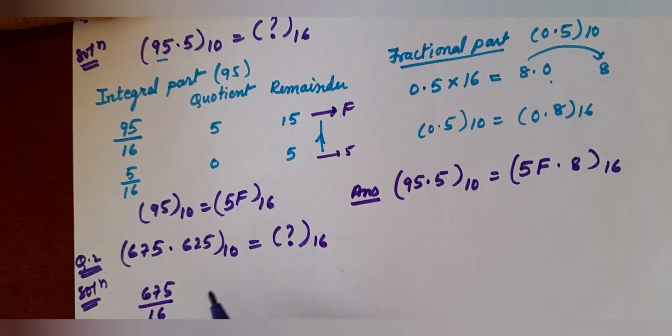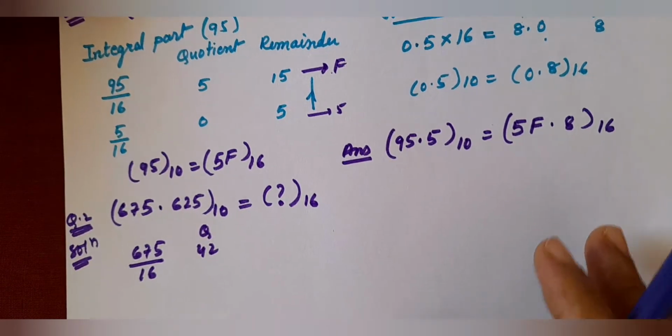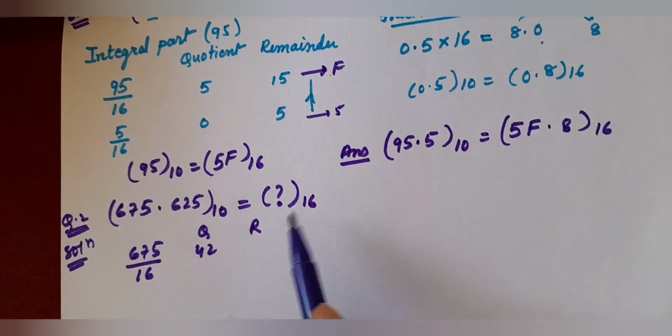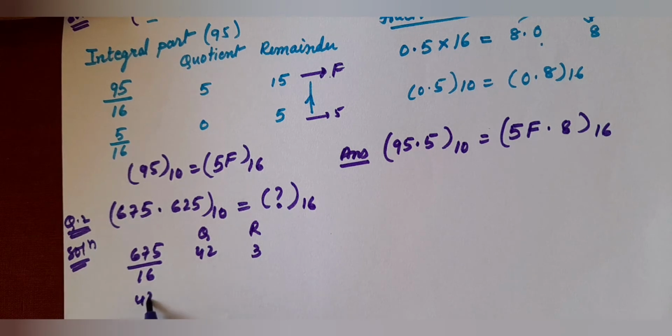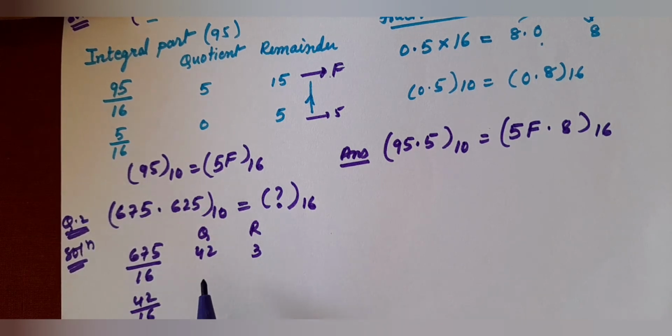What is the quotient coming? 42. Quotient is 42. What is the remainder? 3. Now, divide this 42 by 16. The quotient is 2, the remainder is 10.